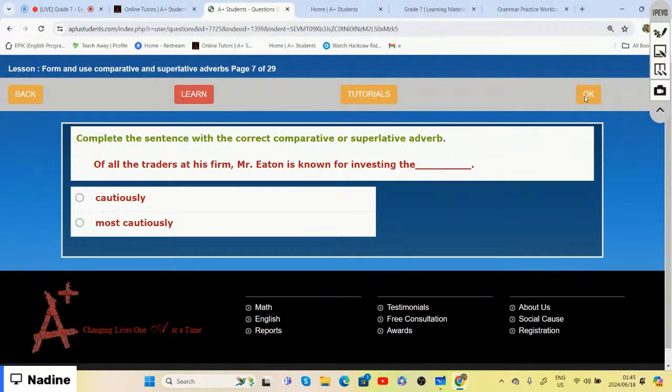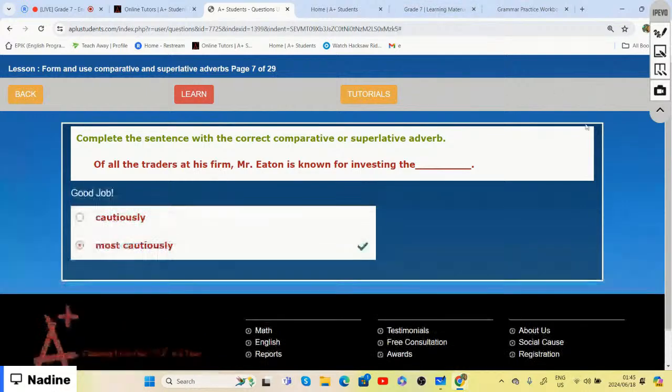And if we choose the correct one, we'll say that he is known for investing the most cautiously in town.